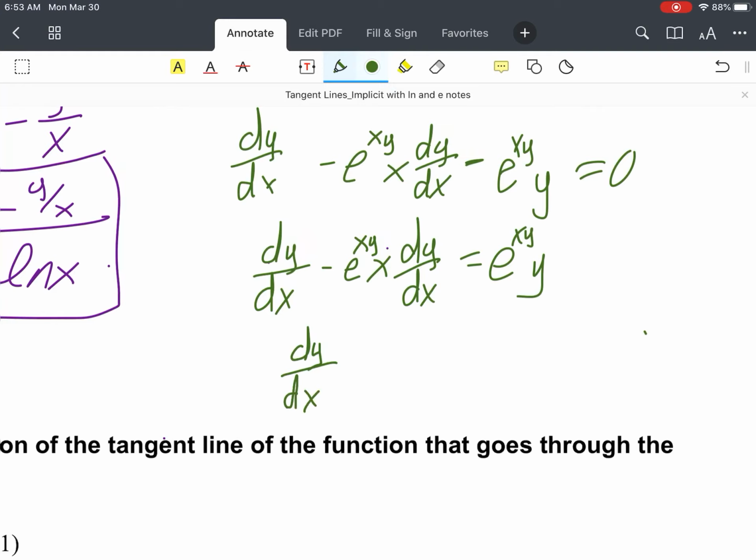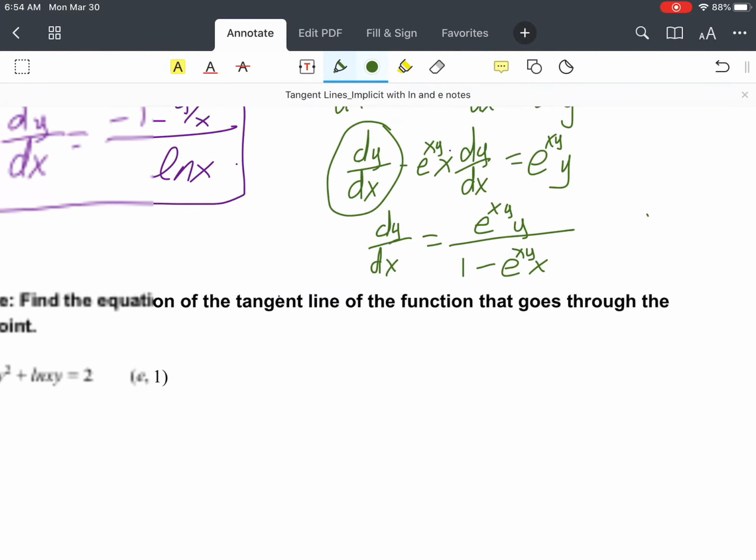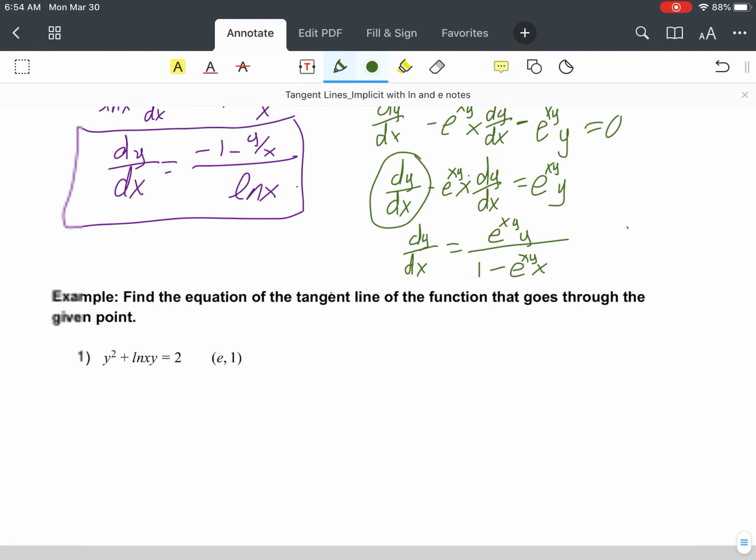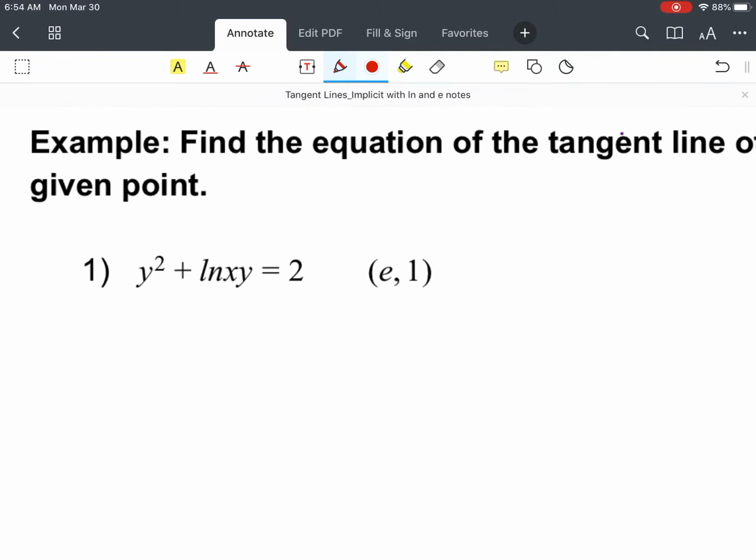And finally, factor out the dy/dx and divide everything over. That 1 came from what would be left over when I factored that part out. There's implicit. Now the last thing is combining those two and doing implicit with the tangent line.